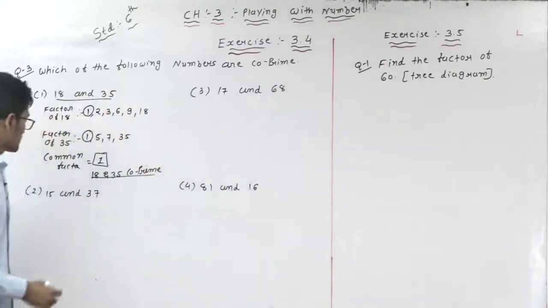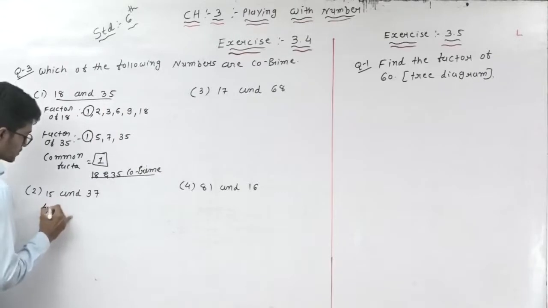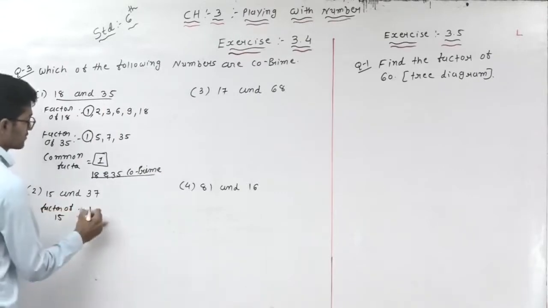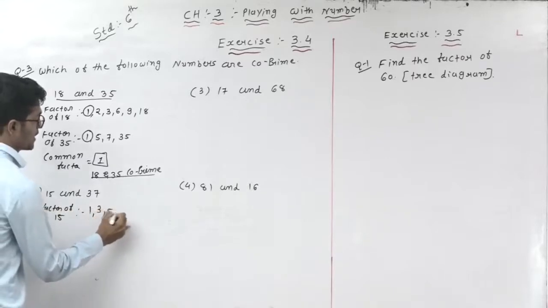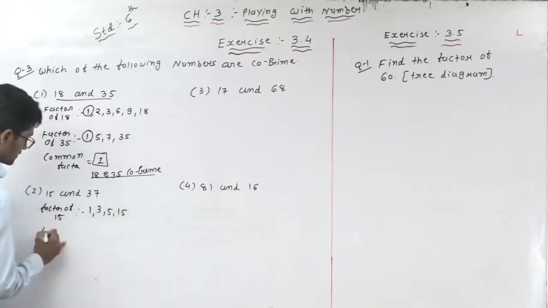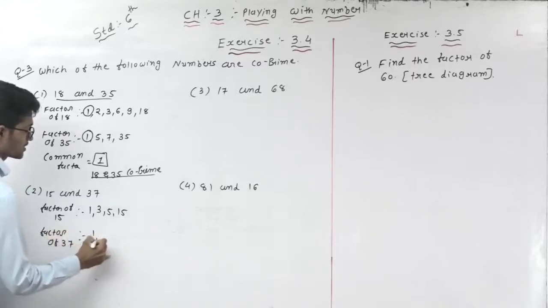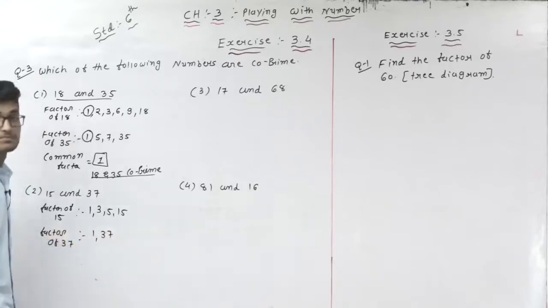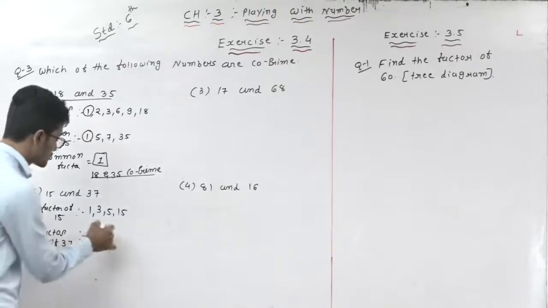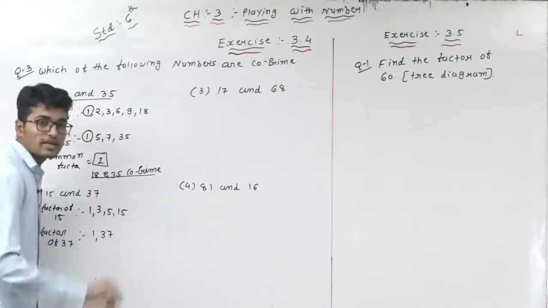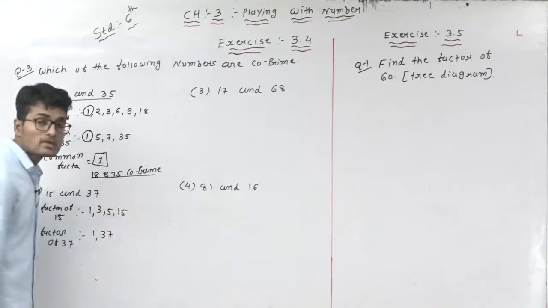Same for the second question, find for 15 and 37. So first of all find the factors of 15. Factors of 15 are 1, 3, 5 and 15. Then find the factors of 37. The factors of 37 are only 1 and 37. Why? Because 37 does not come in anyone's table, only in the table of 1, that is, 1 times 37.